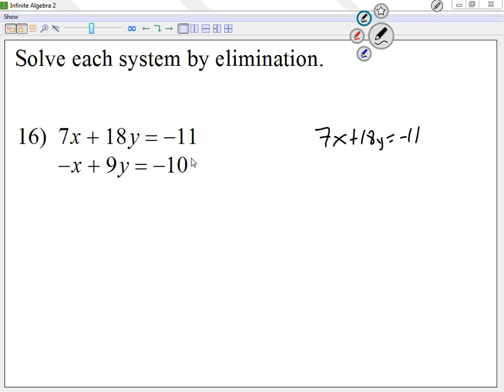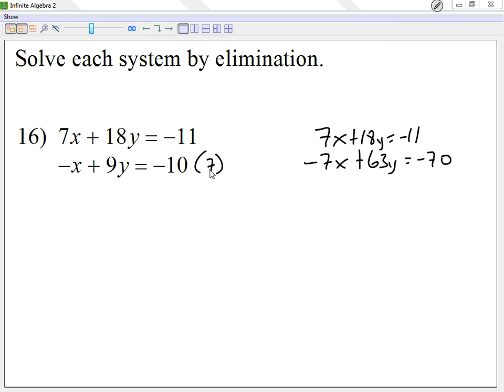For the second equation, let me multiply everything by 7. 7 looks like a random number, but let me multiply everything by 7 and I'll tell you why. So multiply everything by 7, so we get negative 7x plus 63y is equal to negative 7.